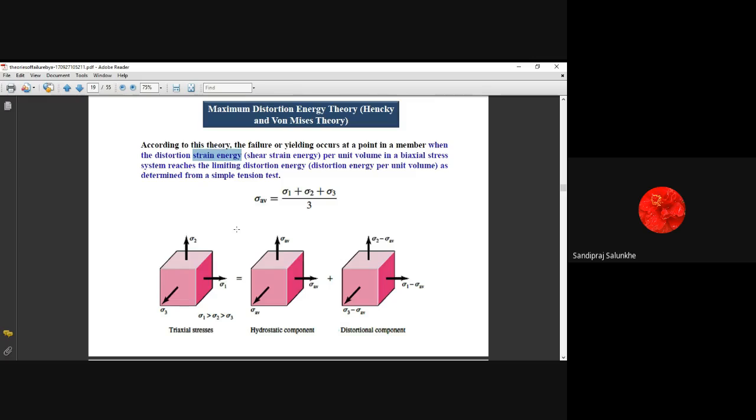Initially that rod is 10 millimeter and it has extended by 2 millimeter, suppose. So change in length is 2 millimeter divided by original length of 10 millimeter. So the change you have measured, that is not the case for the stress. Stress we are not going to measure. Strain can be measured.